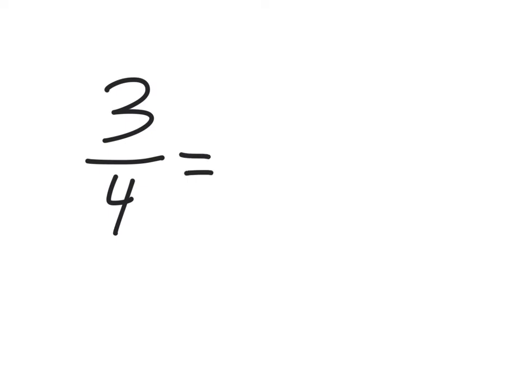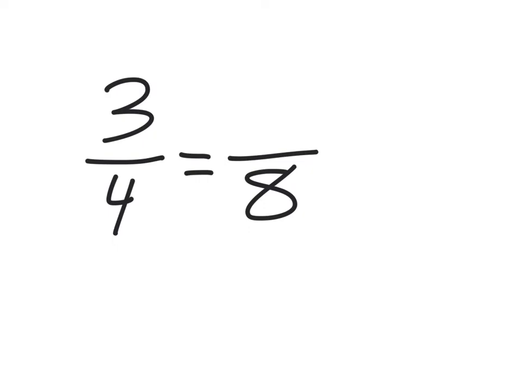But let's say we have the fraction 3/4 again. And this time, I want to eat a pizza that's cut into 8 slices, but I want to eat 3/4 of that pizza. How many slices would I have to eat? In that scenario, I'm trying to find an equivalent fraction for 3/4, but this time out of 8.